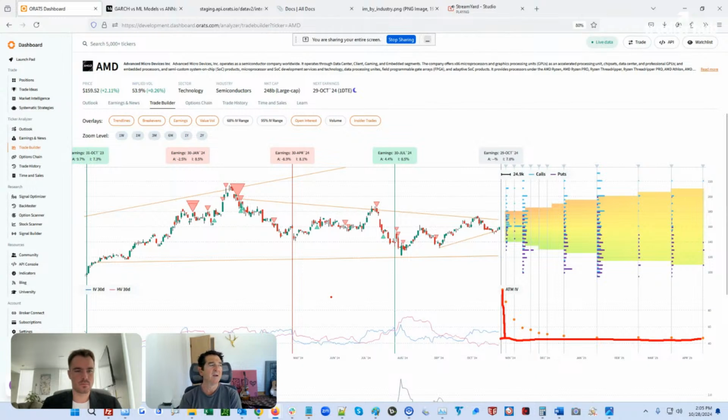The problem with that is that there's often days left, and so we have a way of looking at what the distribution of stock prices might be after a large move from earnings, and then figuring out what the straddle is going to be worth at all those different points.